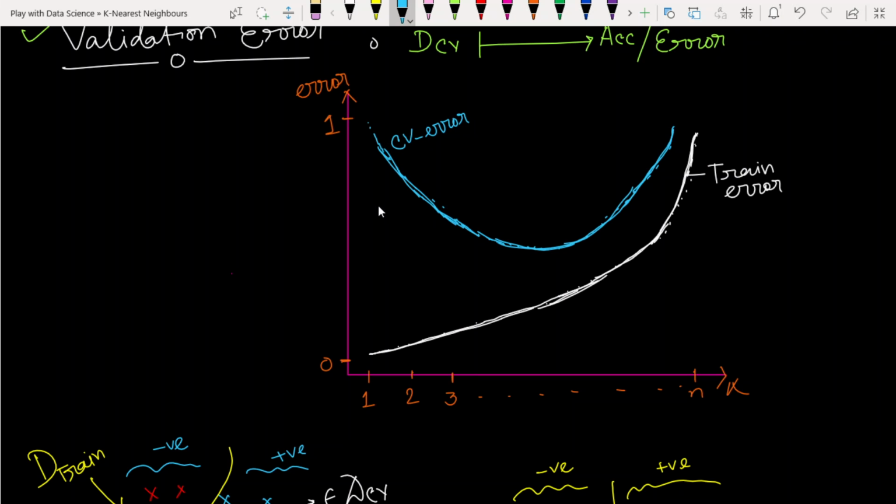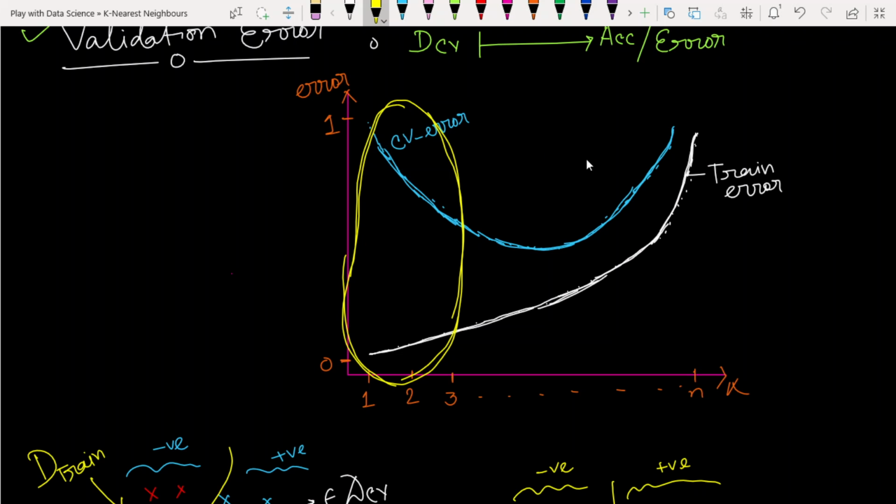This is called the cross validation error. The region where k is low is called the overfit region.